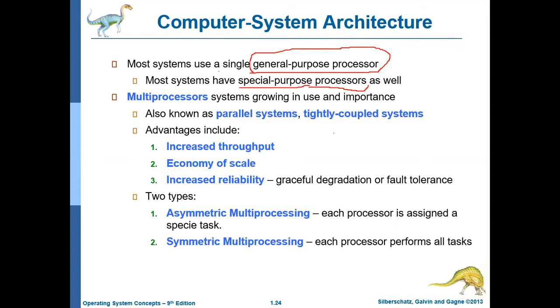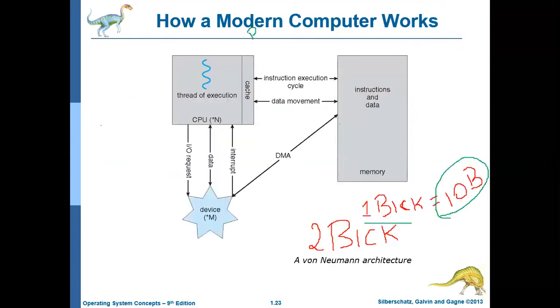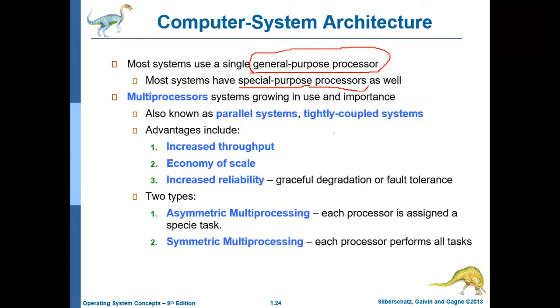Whereas the controller or processor that is located in hardware devices like a printer, memory, or other hardware is used to control only that particular device. So these are called special purpose processors. Every computer will have these special purpose processors, because every computer will have some hardware devices.